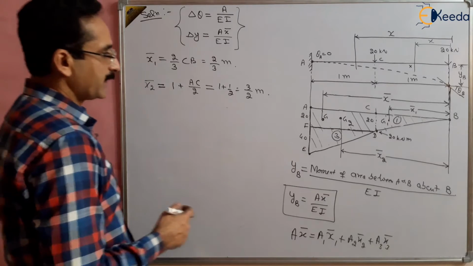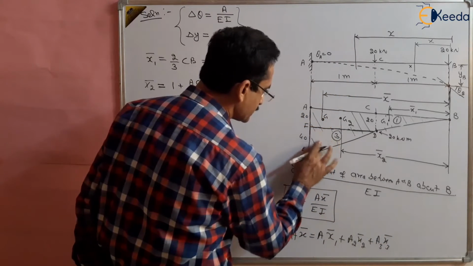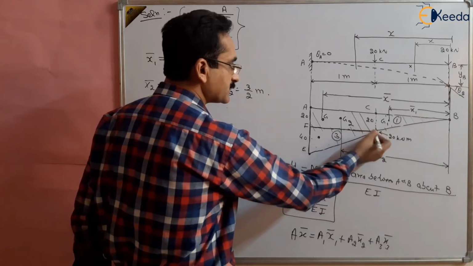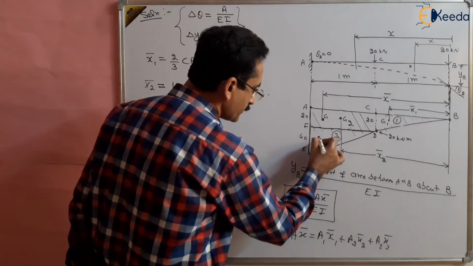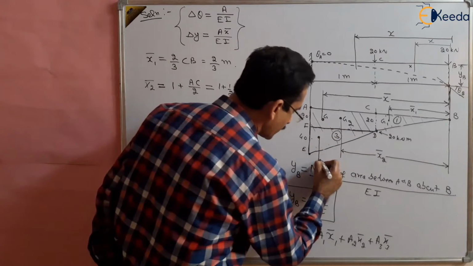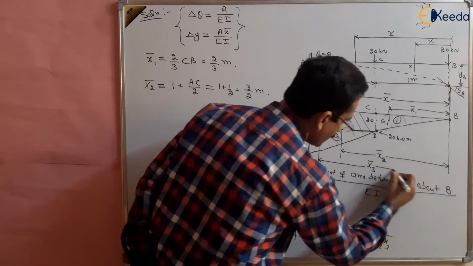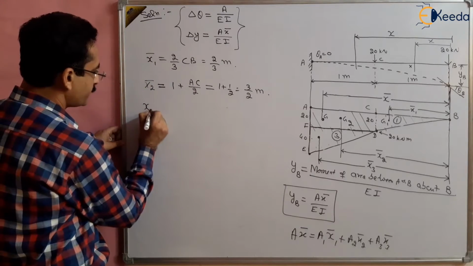And there is another triangle, x3. x3 bar is required. Suppose the centroid of this is somewhere here, 2/3 from the vertex. We know that for a triangle the centroid is 2/3 from the vertex. So this is our x3 bar. And what is x3 bar?